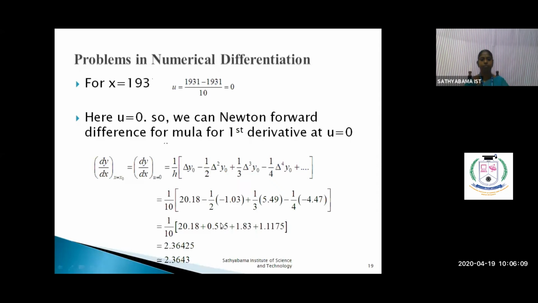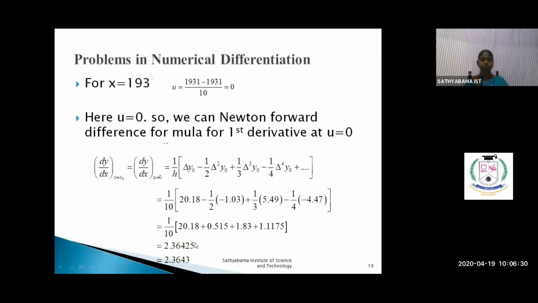So everything is substituted in this formula. And when you are simplifying this, I'm getting 2.36425. How many decimals are there here? 5 decimals are there. And now I can correct this answer to 4 places of decimals.